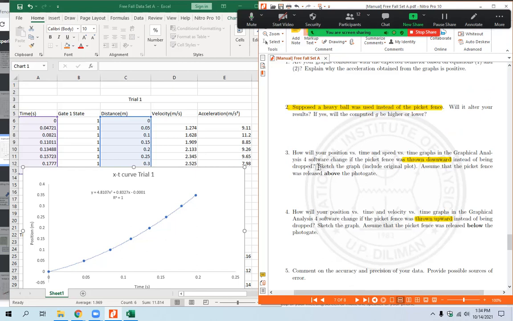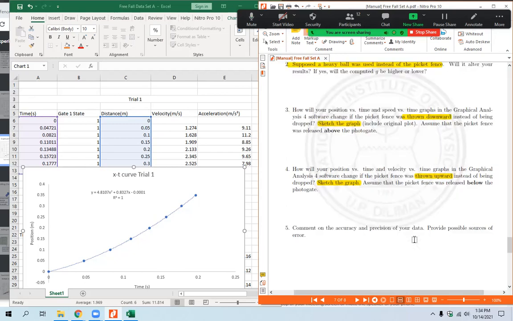Dito sa questions 3 and 4, when they ask you to sketch the graph, you don't have to make your own data points to graph it. You can simply draw over your original graphs and I will accept that. So lastly, sa question 5, comment on the accuracy and precision of your data. So you have multiple data points and you have a theoretical value of G, which is 9.8.